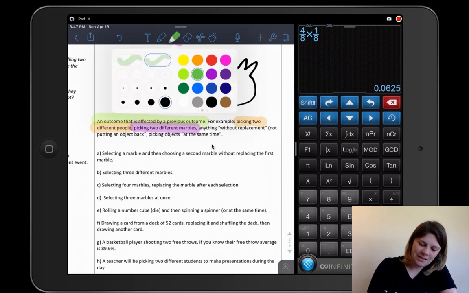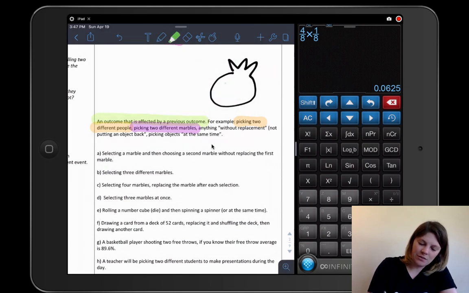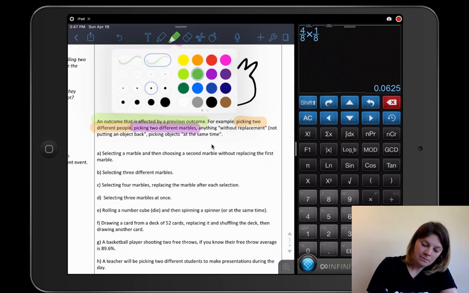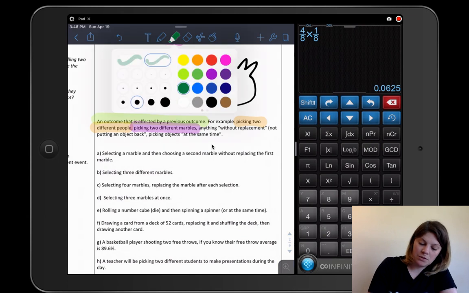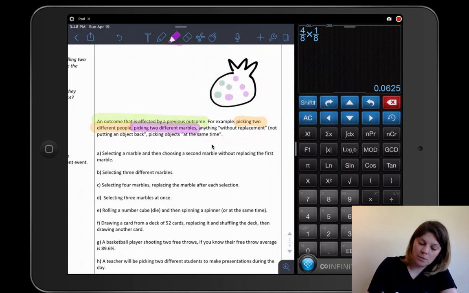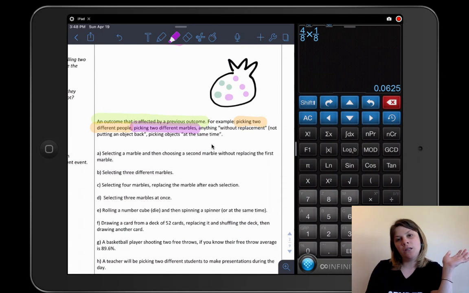And then let's do a few green marbles in there. Let's make these a little better here. Okay, a few green marbles, boom, boom, boom. And then let's do a few purple marbles. That's 3 green and 4 purple marbles.